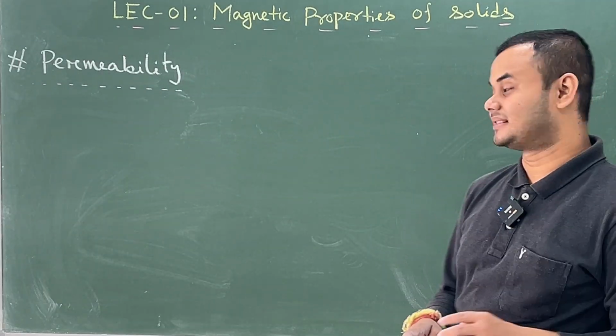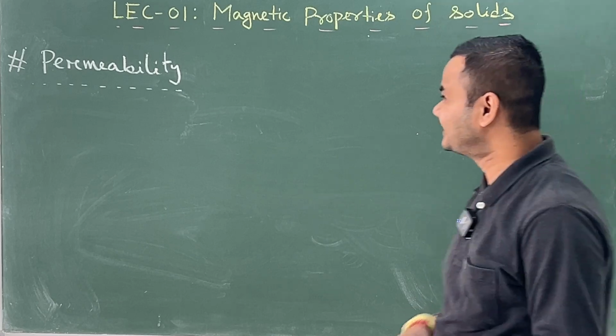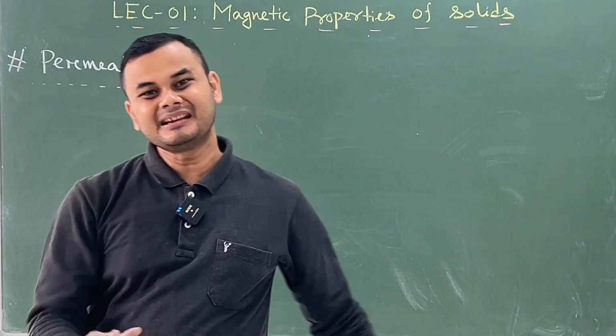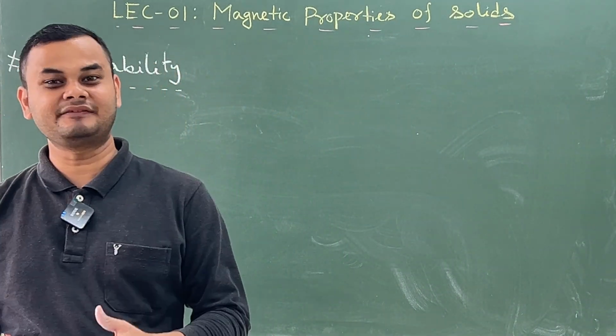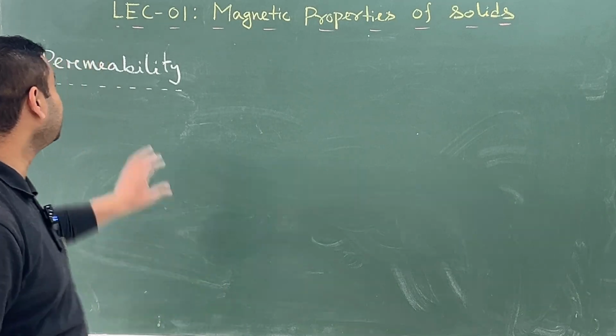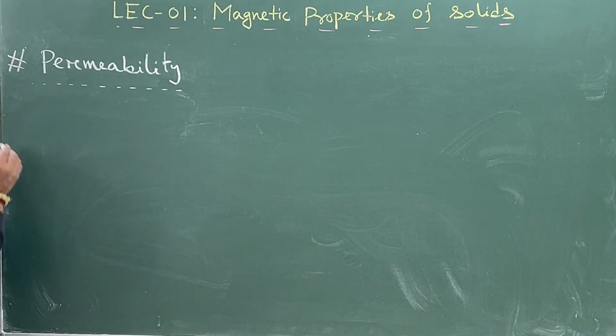Finally, let us understand one small concept, which is permeability. The ability of a medium to pass magnetic field or magnetic flux is known as the permeability. Now let me write this definition.